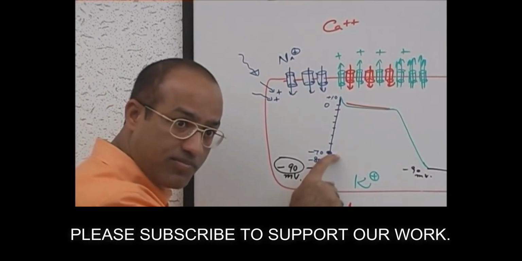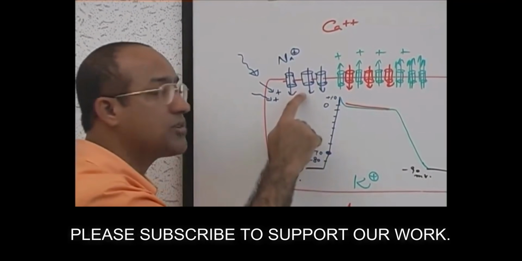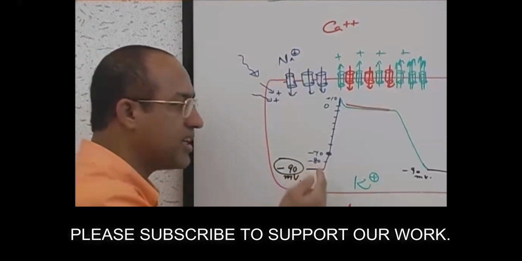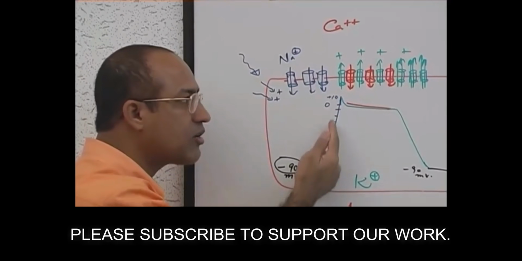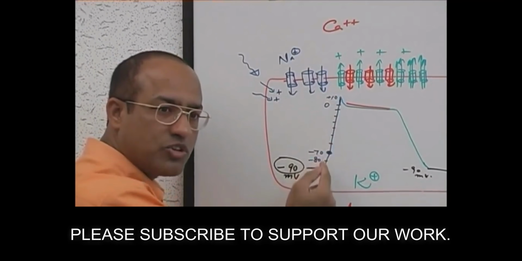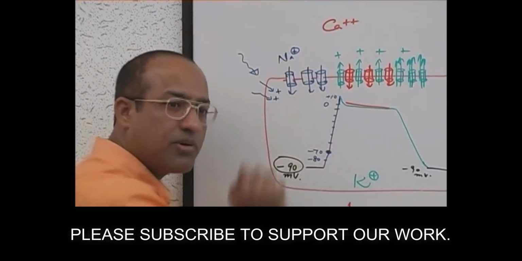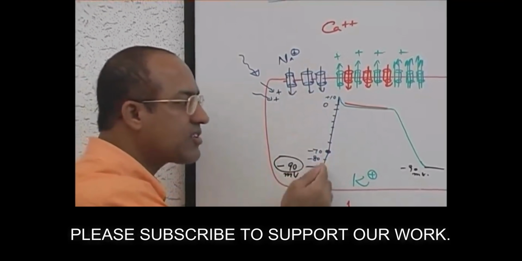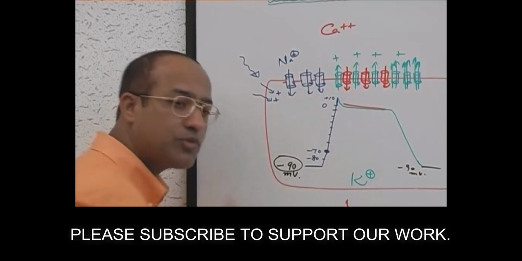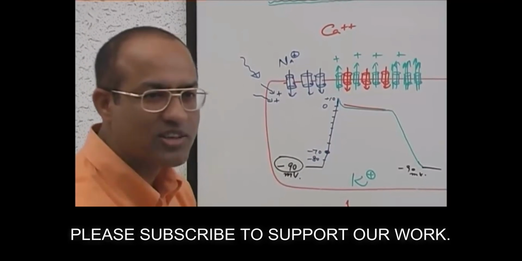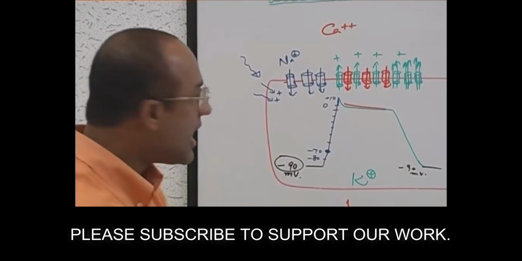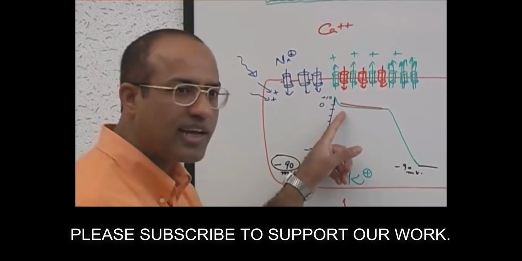At threshold potential, voltage gated sodium channels open. A lot of sodium comes in and then the potential loses all its electronegativity and goes towards the positive side. This phenomenon is called, the membrane is undergoing which phenomenon? Depolarization. The membrane is depolarized.